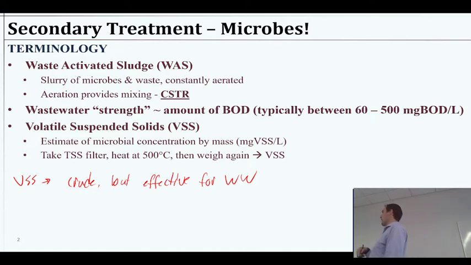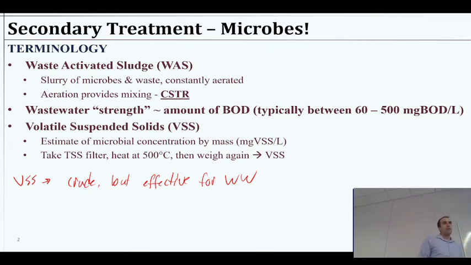A subset of that is this volatile suspended solids, because once we dry it and we have the weight, we know that's some mass of stuff that was in the water suspended, and we call it solids because it was not dissolved, stopped by the filter.